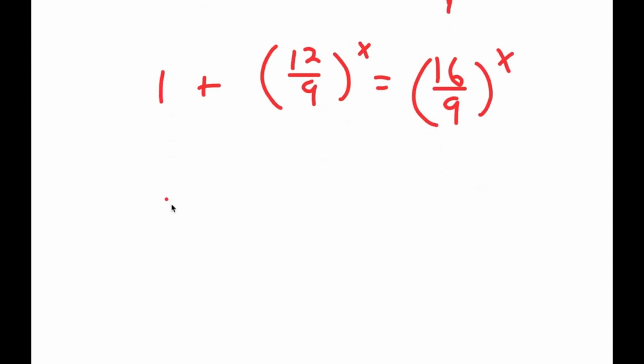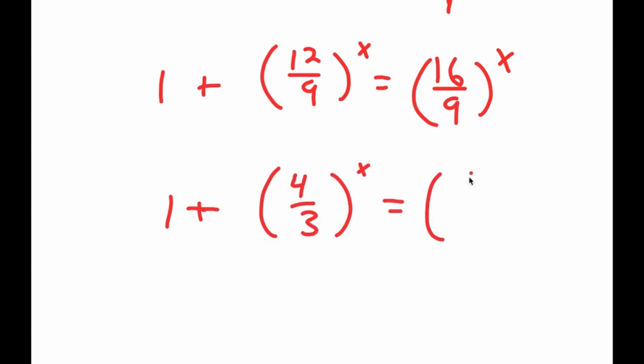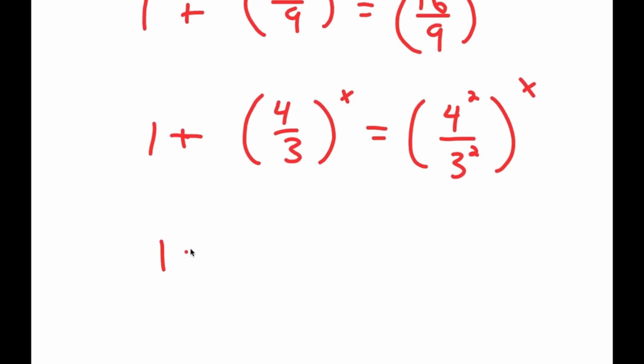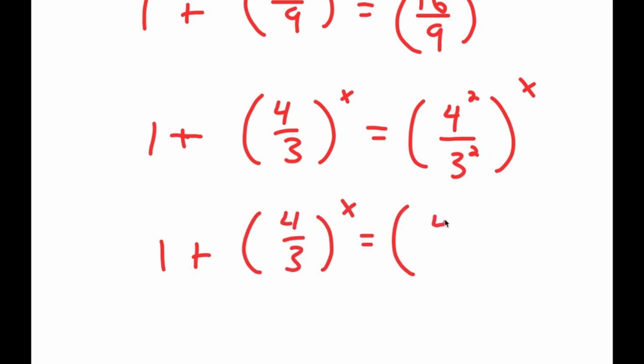Now, 12 over 9, that simplifies to 4 over 3. And 16 over 9, that simplifies to 4 squared over 3 squared. Now, 4 squared over 3 squared, that's the same thing as 4 over 3 squared.